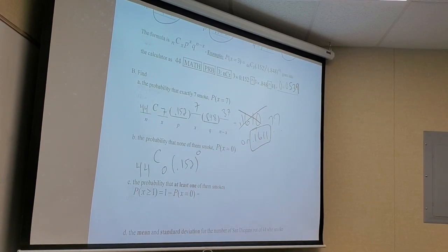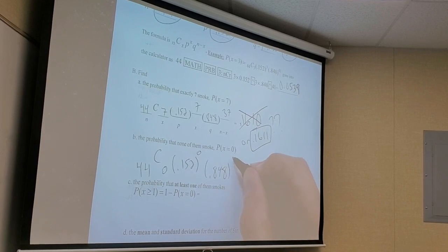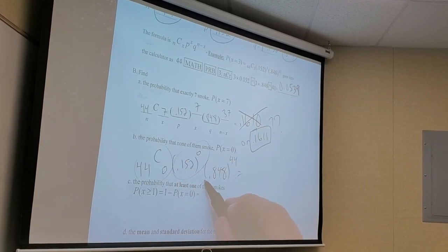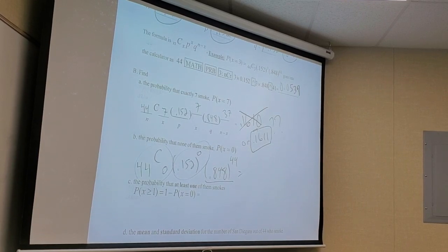None. What's anything to the 0 power? 1. Anything to the 0 power is 1. And then, how many failures do I want? 44. So this is 1, this is 1. So actually, I could just do this by itself. You don't have to know that. You can just throw it all in the calculator. But what is 0.848 to the 44th power?